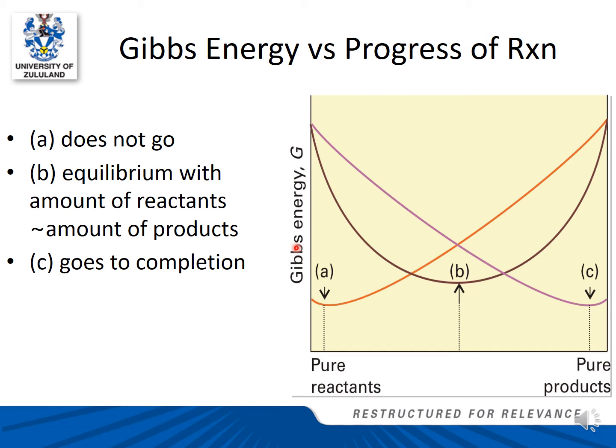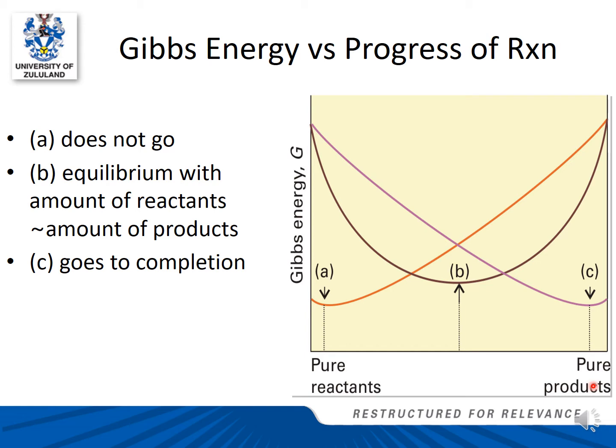And we also have the reaction that can go to completion. When you look at graph C, you start with the reactants, and with an increase in the extent of reaction, we reach a point whereby all the reactants have been converted into the product. So graph C goes to completion.